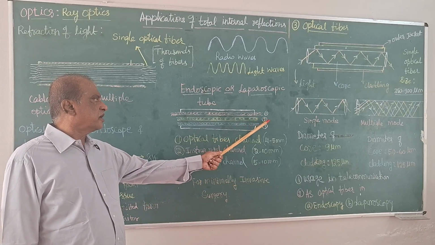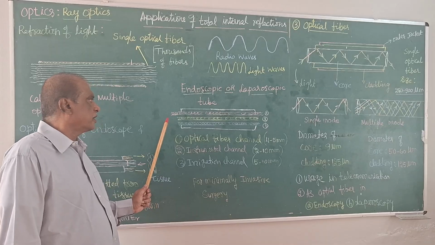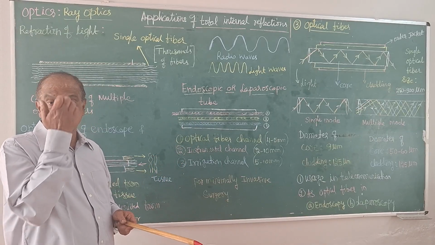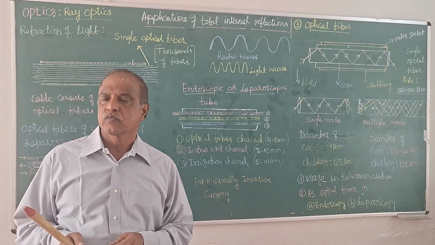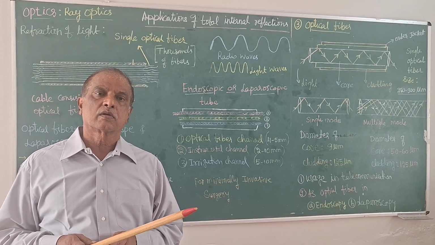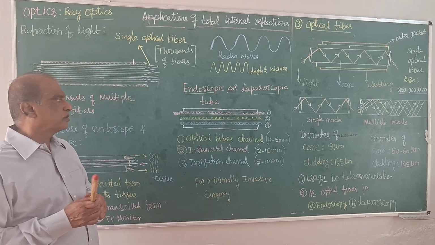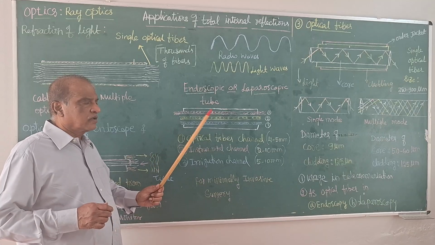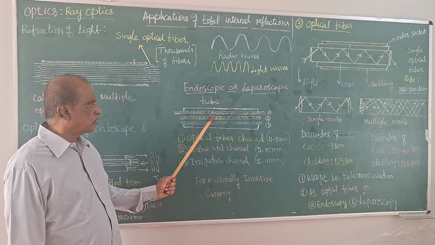Here, this end and this end, this is inner end, this is outer end. That microsurgical instruments are specially designed. They are long and thin. Long because they should have a connection between this point and this point, and very thin because this channel can accommodate only the thin size.